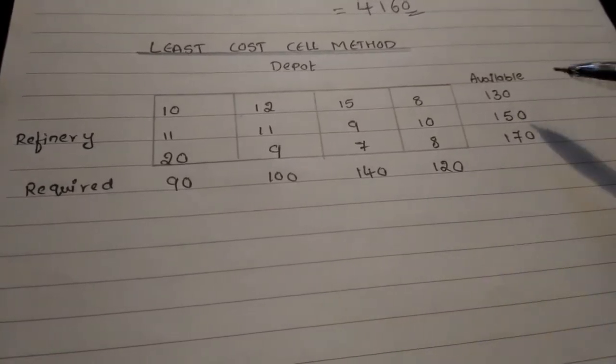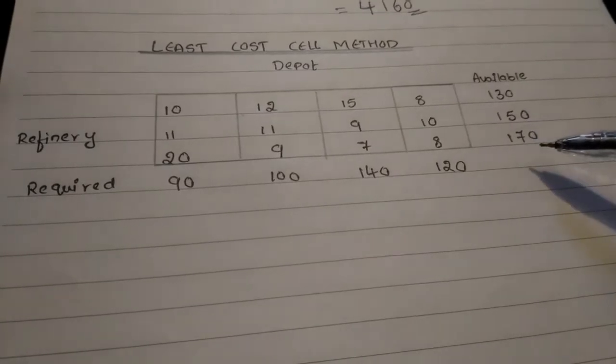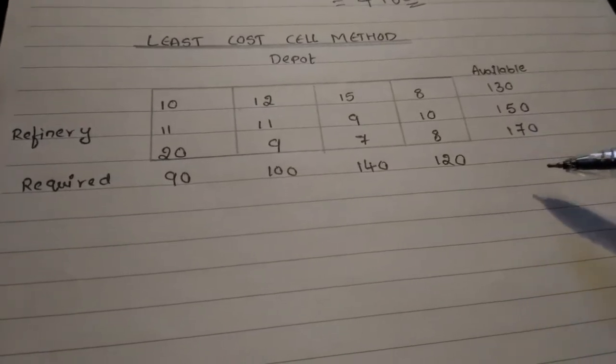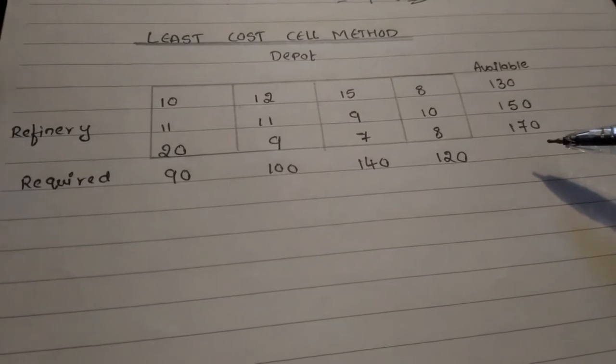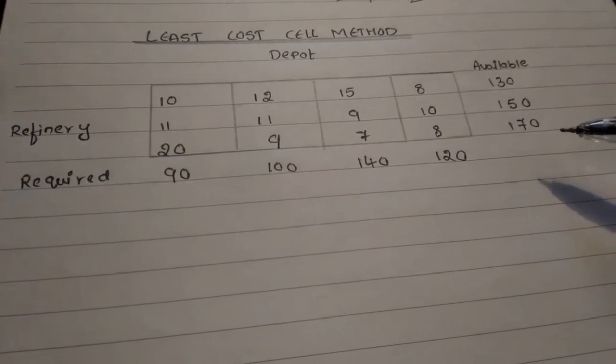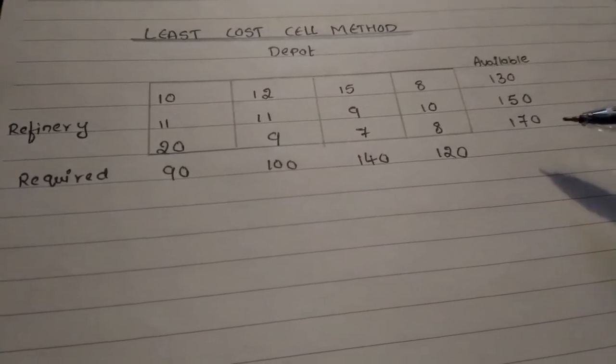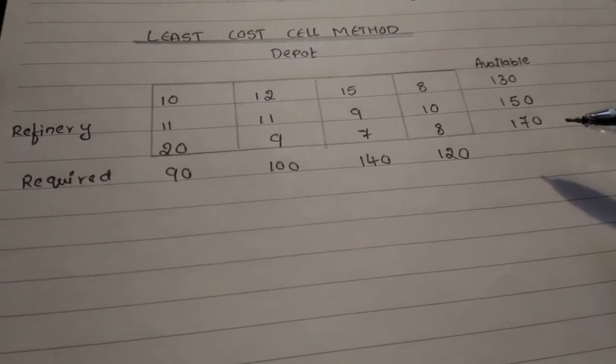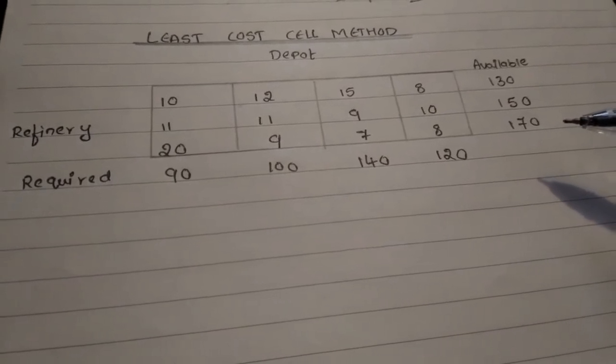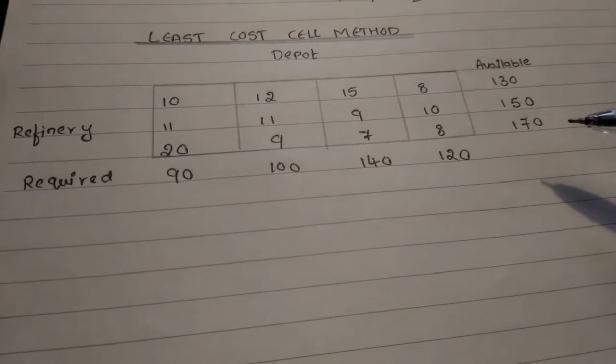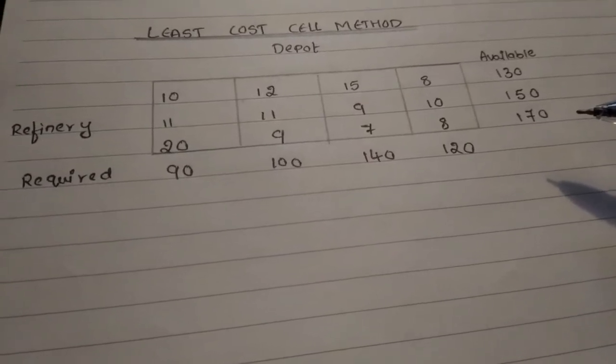The sum of required and the sum of availability should always be the same. If they are equal, then the given transportation problem is a balanced transportation problem. Since we have already solved this problem by the northwest corner cell method, we already know that it is a balanced transportation problem.